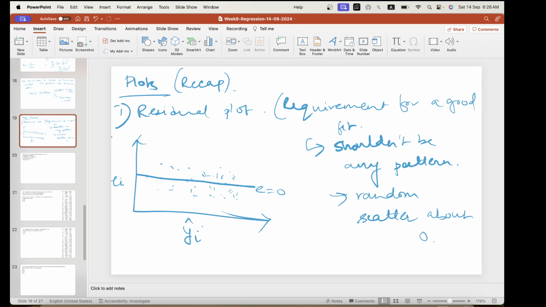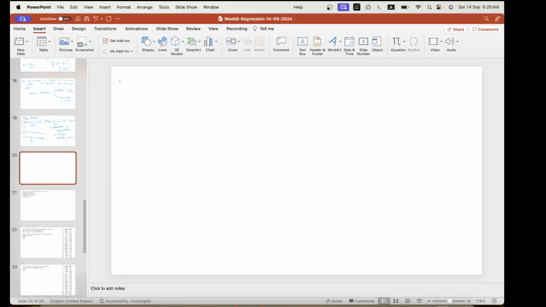So coming back to the plots that we learned last week, the first one was the residual plot, as I was saying over here. So this is what we would want. This is the ideal case, but we sometimes see points like this.